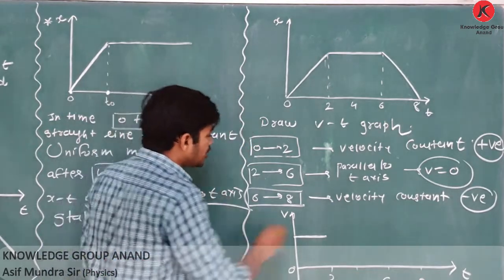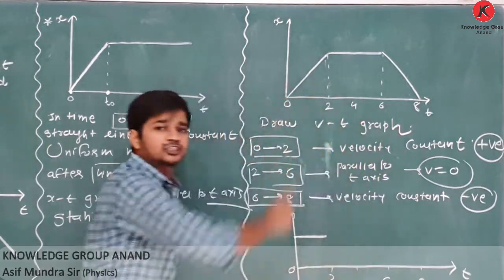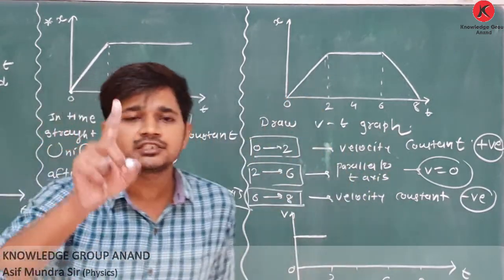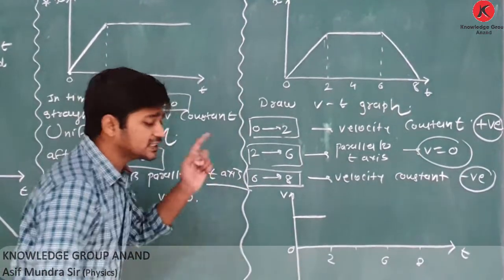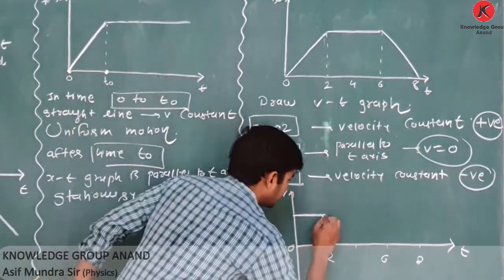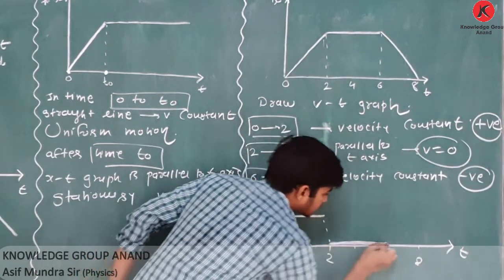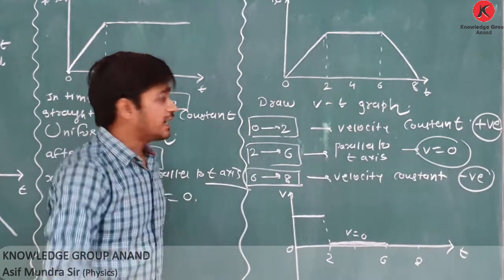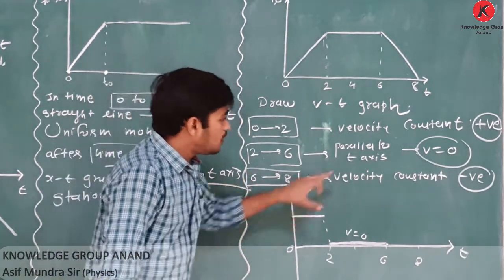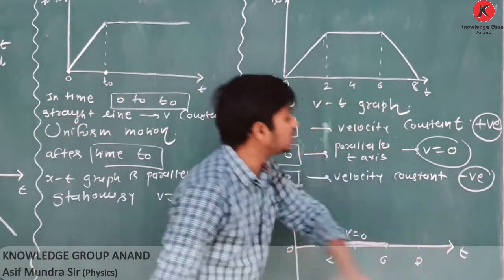Now during 2 to 6 seconds, the xt graph is parallel to the time axis and velocity becomes 0. During time 2 to 6, the object is in rest condition, so v is equal to 0. Clear about this? And last one, from 6 to 8, velocity is again constant but negative.